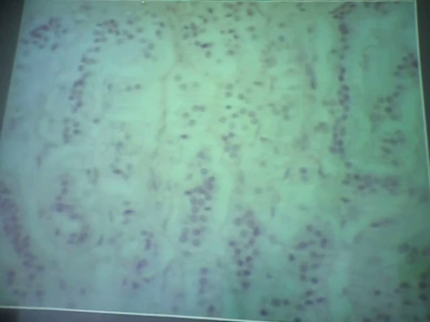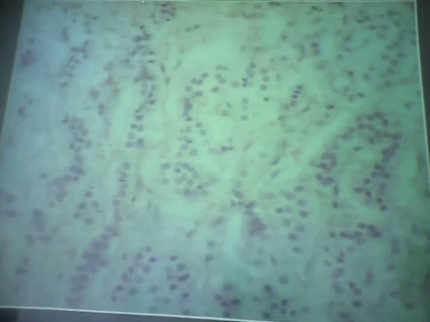If you've got a good imagination like I do, look at these cells carefully, maybe squint a little bit. You see the cells are little clusters, round to oval, and to me, they look somewhat like the glomerulus of the kidney.